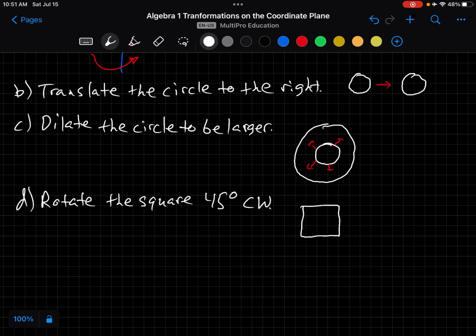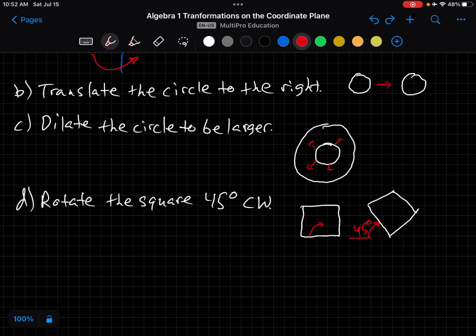So we have this square here, and we're going to rotate it clockwise 45 degrees. Oh, look at that. We rotated it 45 degrees. Great job. Here we go. All right. So now we've done this, but we haven't done it on a coordinate plane.